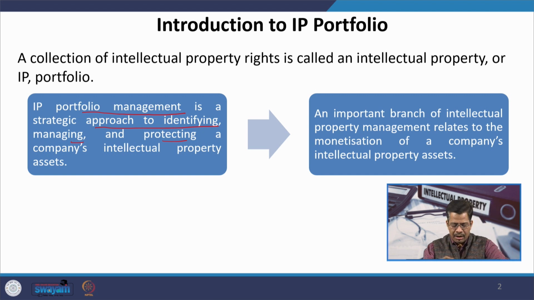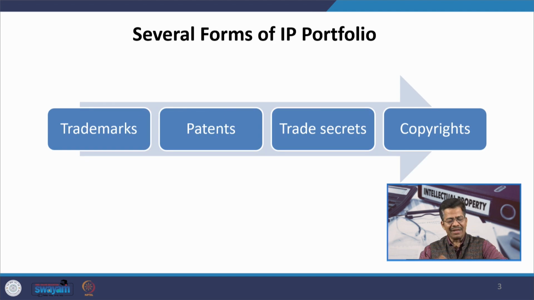And we can see in the next slide that these are the different types of intellectual property which organizations generally maintain. There will be a lot of patents, trademarks, copyrights and trade secrets.